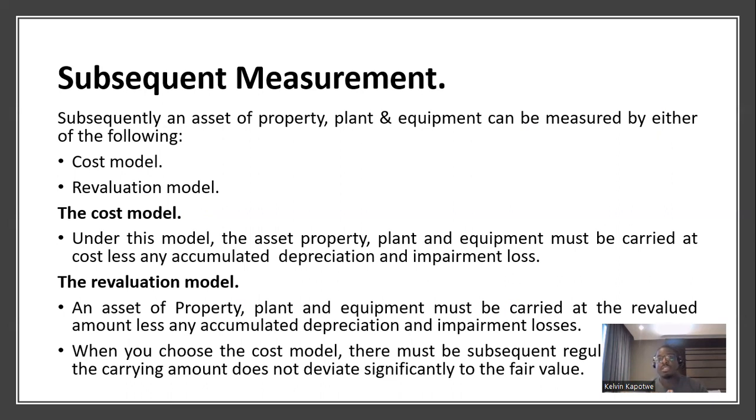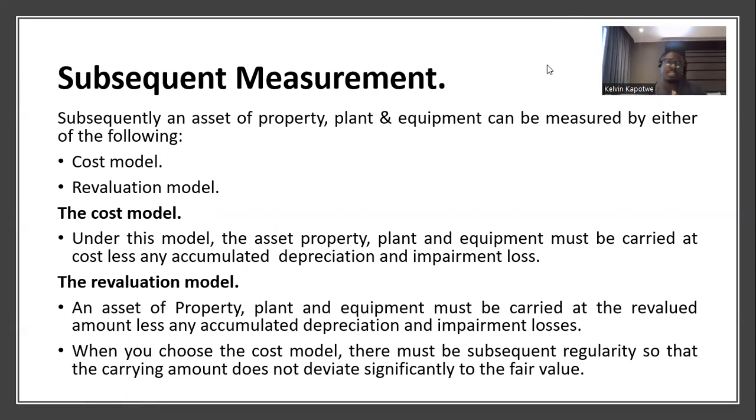The cost model is the simplest, because under it the asset of property, plant, and equipment must be carried at cost less any accumulated depreciation and impairment. I think you know how to calculate depreciation, and I did explain in the last video what an impairment loss is and how it comes about.